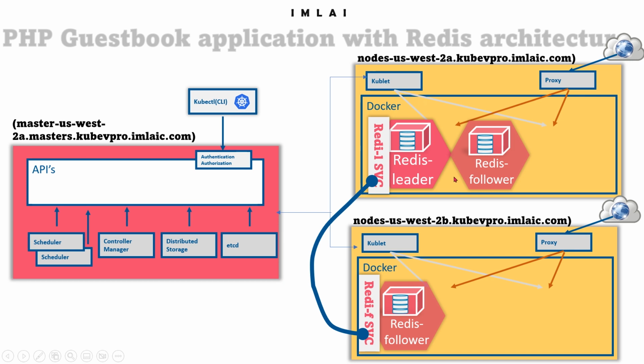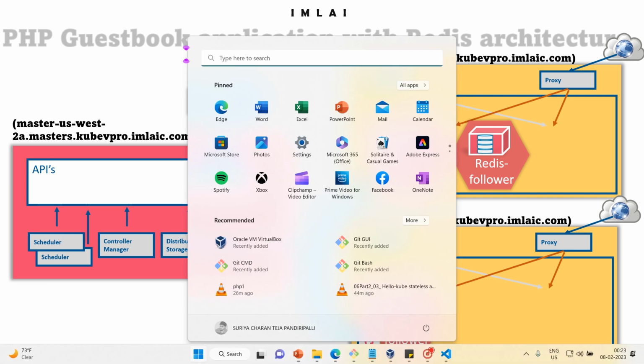So I want to meet the traffic demands. If traffic is too much, automatically these Redis followers take up the load and support our application. So that is the power of Kubernetes. So the future all lies with Kubernetes. Okay, so now let's do that.